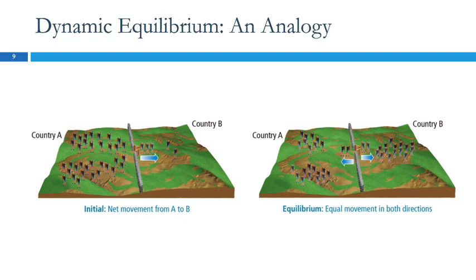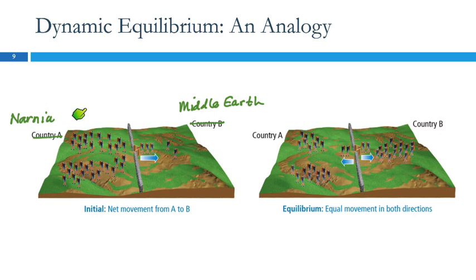So in an earlier edition of the textbook, this was Narnia, and this was Middle Earth. And I thought that was just a lot more fun than Country A and Country B, right?